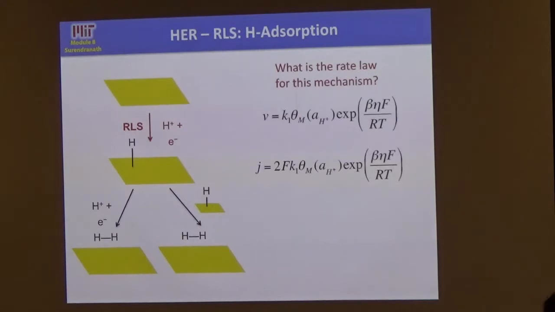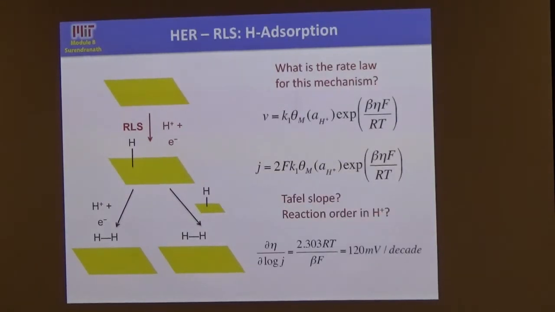Now, what are we plotting in a Tafel plot? What we're plotting is essentially the slope of the variation in the overpotential with respect to variation in the logarithm of the current. Though I haven't gone through the math here, if you rearrange this by taking the log of j and then the log of all of these terms, remember the log of things that are multiplied by each other just becomes independent sums.